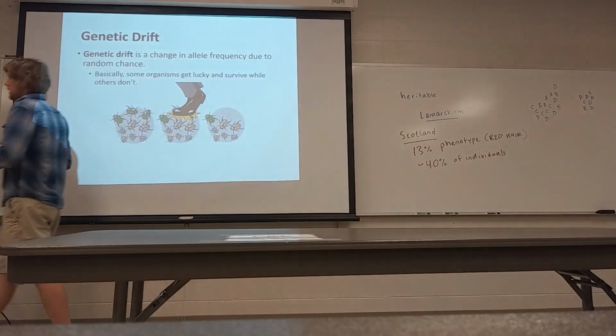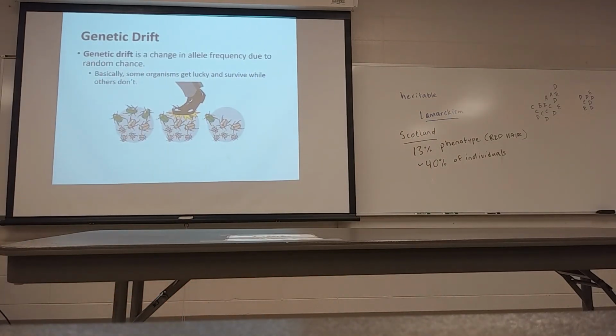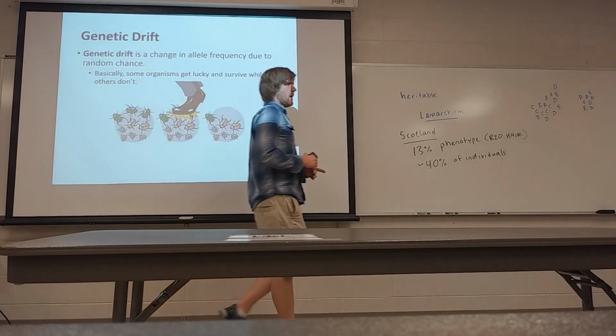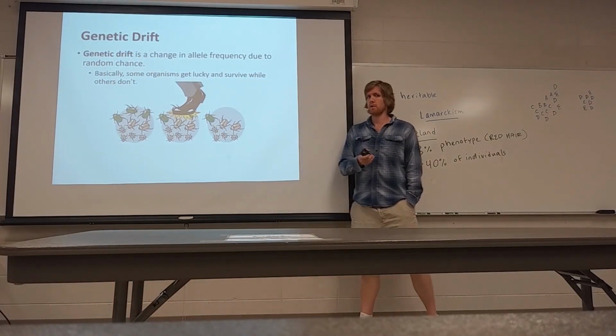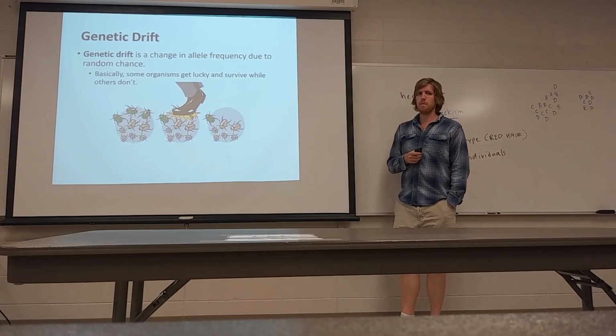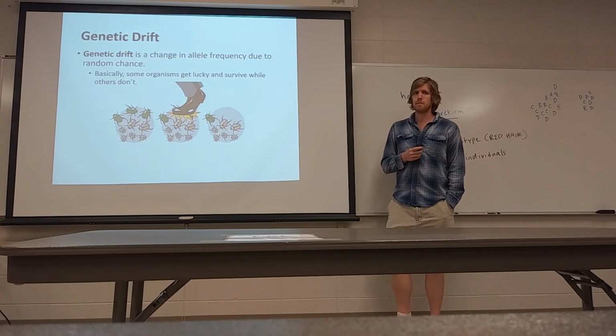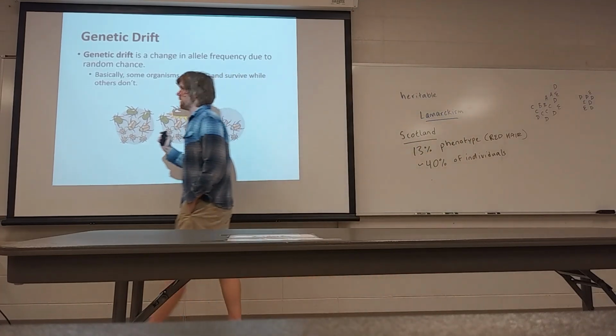So genetic drift tends to affect small populations because you simply have a greater chance of eliminating a particular version of a gene from the population if there's less of it present due to fewer individuals. So that's genetic drift.